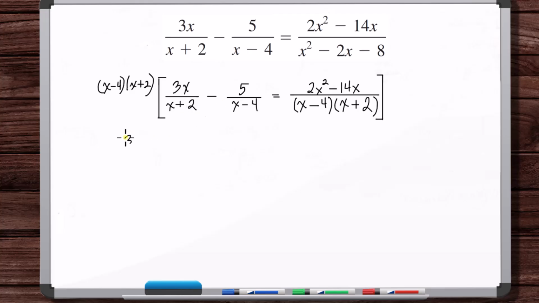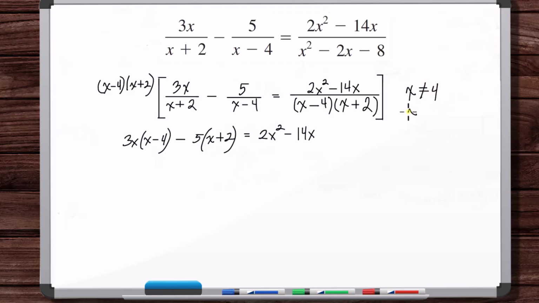So we're left with 3x times x minus 4, and then 5 times x plus 2, and then 2x squared minus 14x.